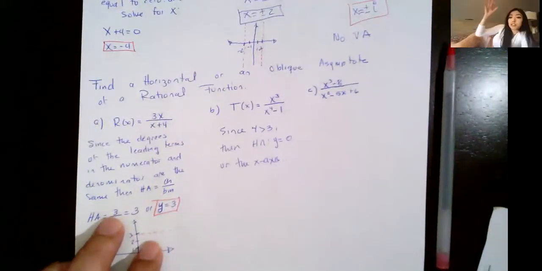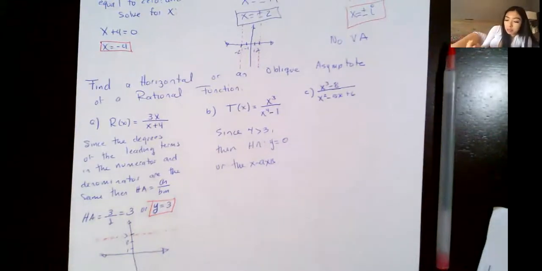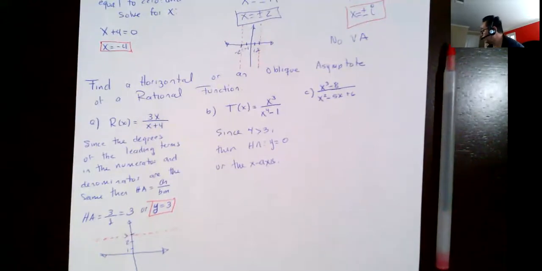I have a quick question. Yes. So for number 1, now I know it's the degrees, but how did you get 3 for the first one? Sure, let's go back to A, okay? So notice, let's always compare the degrees of the leading terms. Since the degrees are the same here for the numerator and denominator, that's case number 2 here.